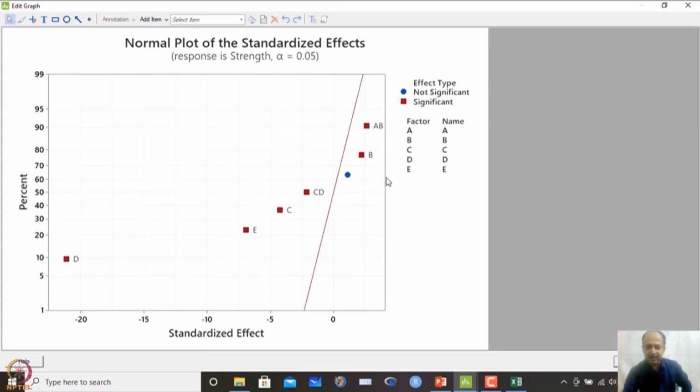Only thing is that the level of A will be defined based on the AB interaction, and other things we can see from the CD interaction. So AB and CD will define what levels we should keep for A, B, C and D. Only E we have to check, the one factor which is making a significant impact.